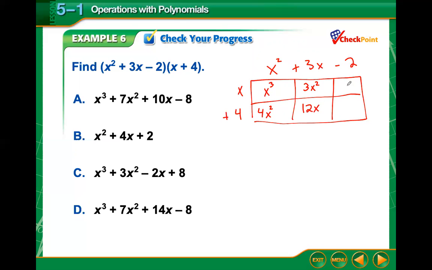Negative 2 times x is negative 2x. Negative 2 times 4 is negative 8. So notice though our diagonals are our like terms, so I'm going to combine like terms here to get x cubed plus 7x squared plus 10x minus 8, which is a.